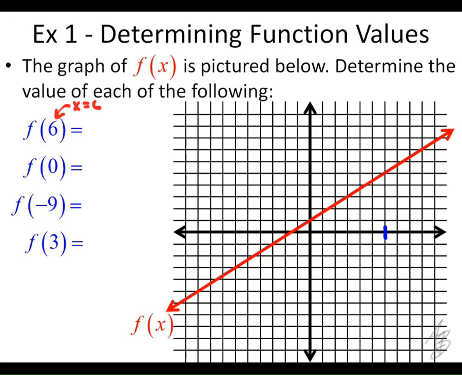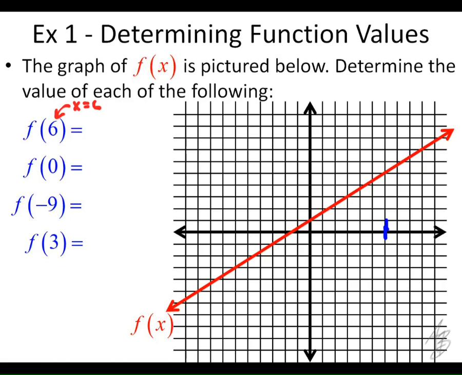So if I want to figure out what f of 6 is, the first thing I'm going to do is find 6 on the x-axis. Then I need to figure out where the function is. Relative to the 6 on the x-axis, Claire, which way do we need to go now?